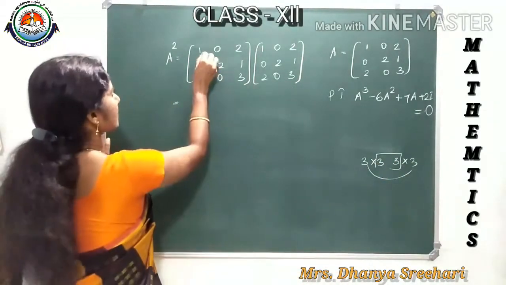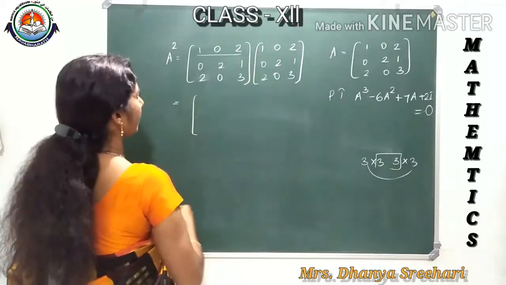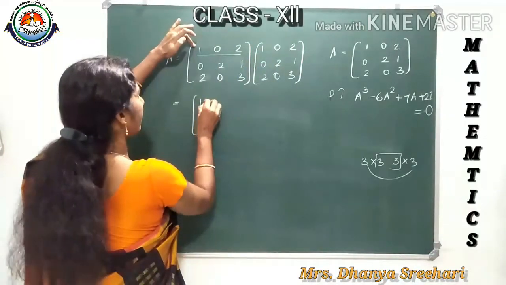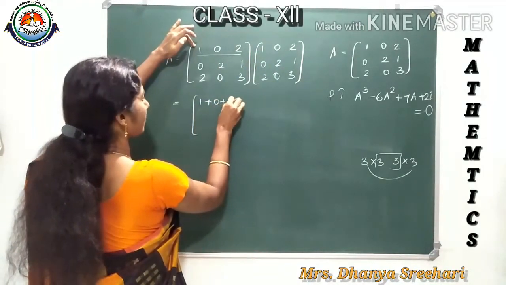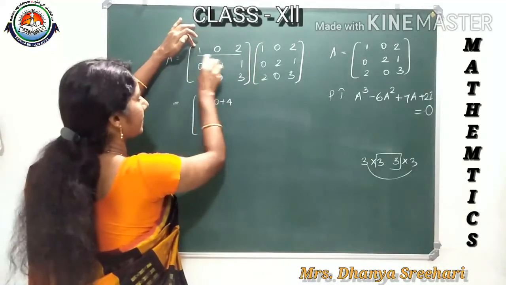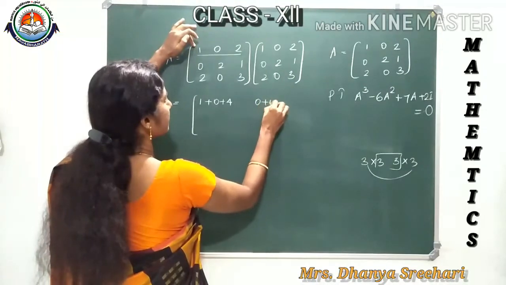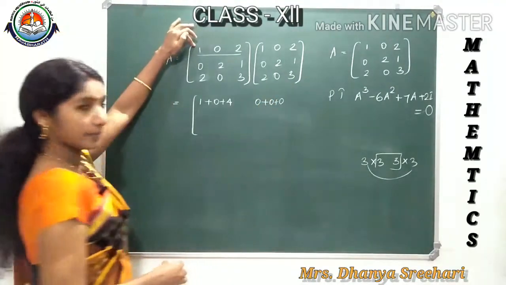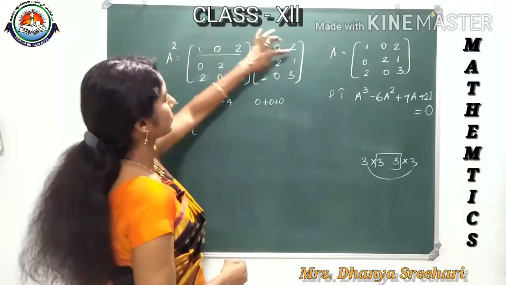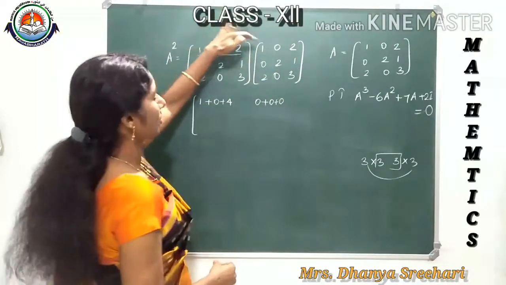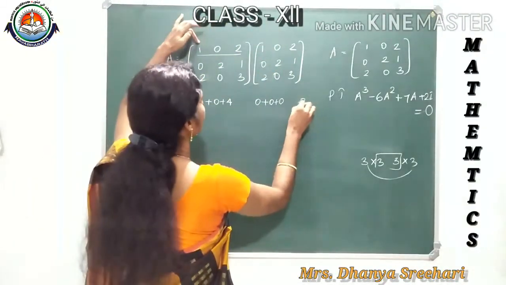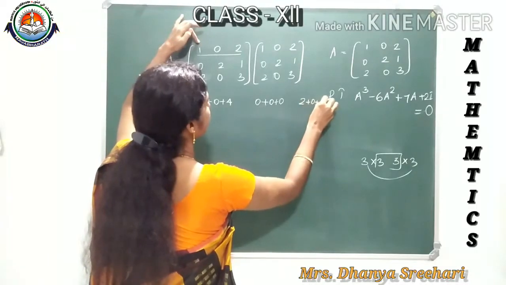First row multiplying with the first column, 1 into 1, 1 plus 0 plus 4, first element. To get the second element, first row with the second column, 1 into 0, 0 plus 0 plus 0, second element becomes 0. To get the third element, first row with the third column, 1 2s are 2 plus 0 plus 6.